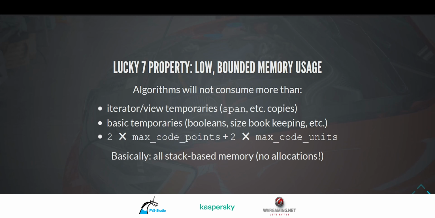We don't leave behind people who have exceptions off or people who want to work in a low memory environment, and that is enabled by the Lucky 7 properties. Because of the way the algorithm works, it works one chunk of singular information at a time. It will never consume more stack memory than you have available on your machine, because it's not a recursive algorithm, it's an iterative algorithm. You never have to use more than you have access to.